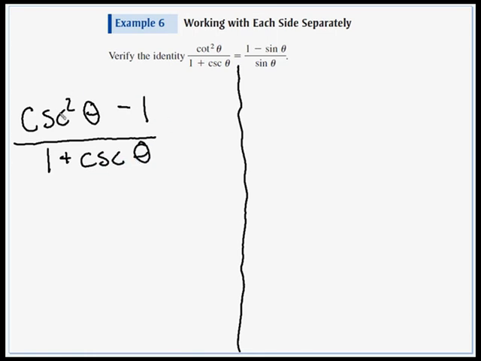Cosecant squared minus 1. Can we factor that? Think of x squared minus 1. When we factored x squared minus 1, we had x plus 1 times x minus 1. So we can factor that numerator into two terms: cosecant plus 1 and cosecant minus 1.